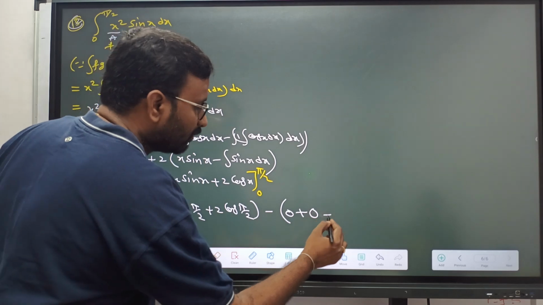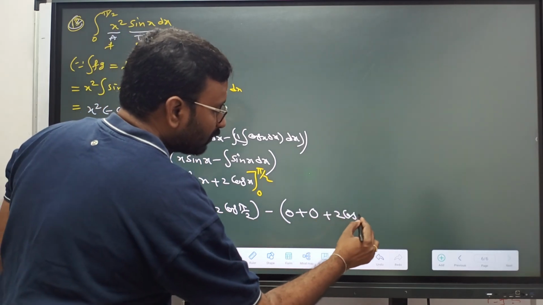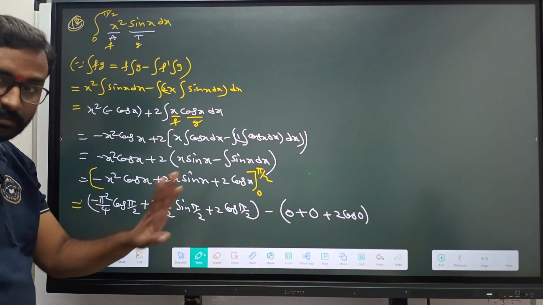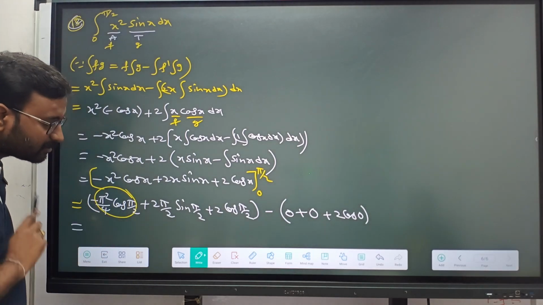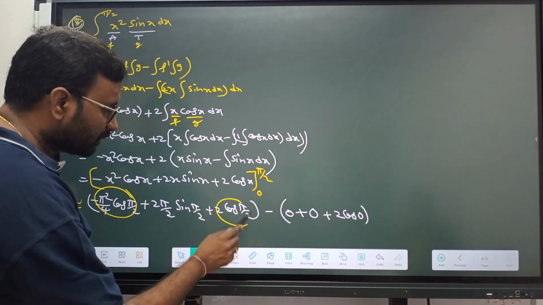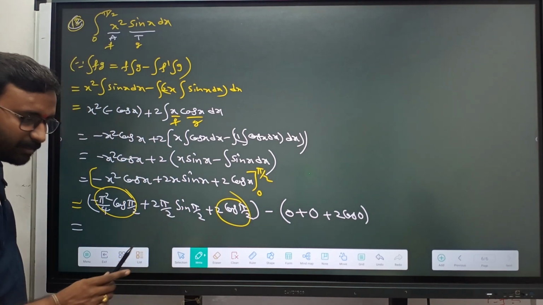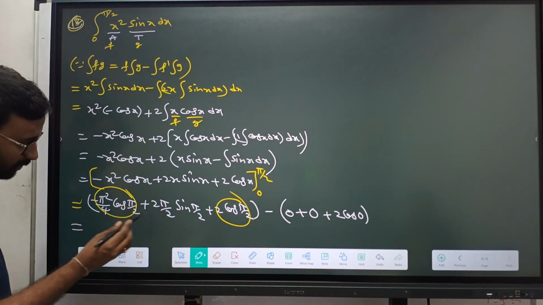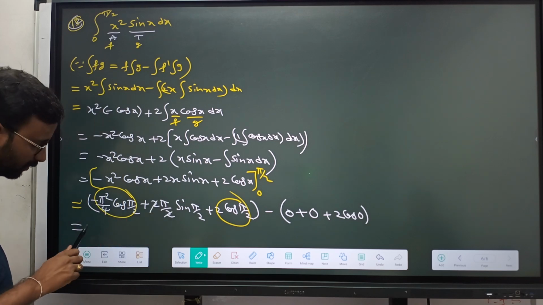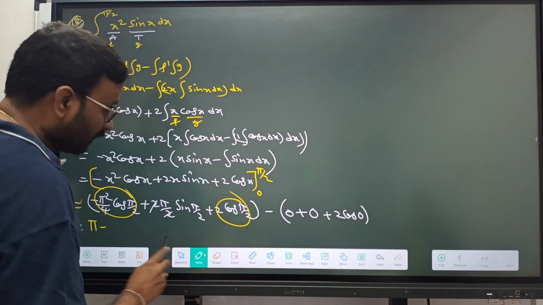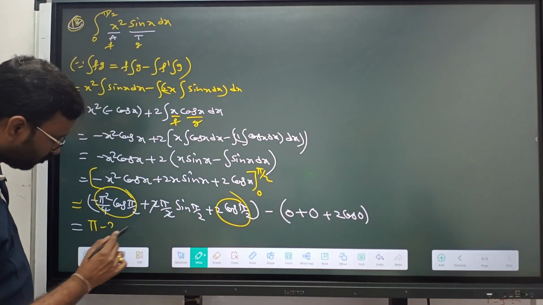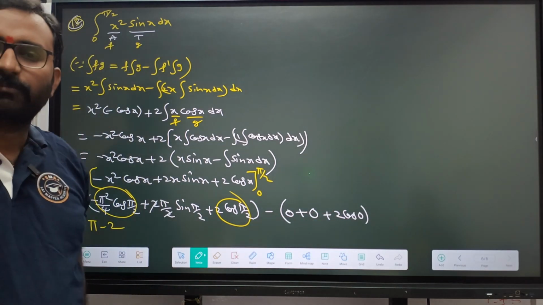Cos 0 is 1, 2 into cos 0. Here you will not get 0. Now what is the final answer? Cos 90 is 0, cos 90 is 0, sin 90 is 1. So you will get here 2 cancels, only pi, minus here 2 into 1, 2. So the answer is pi minus 2.